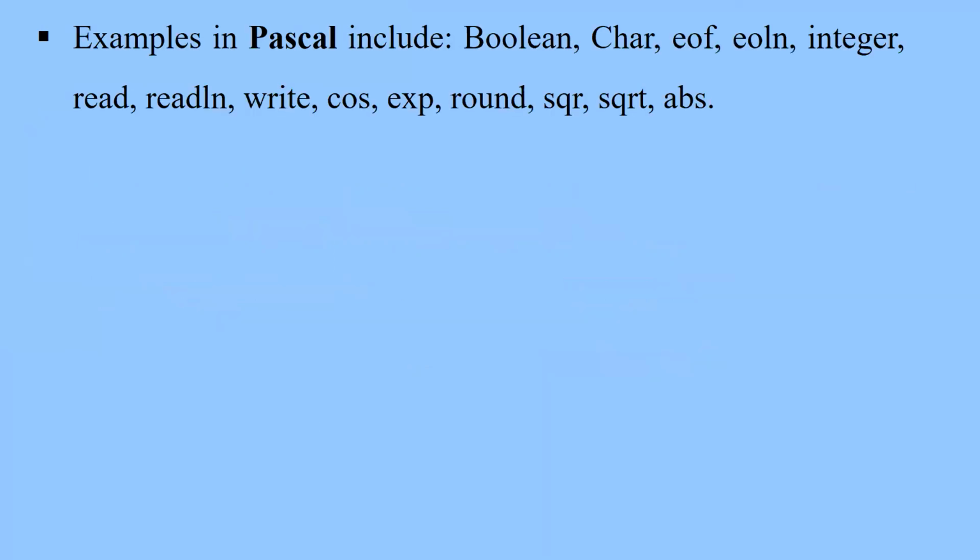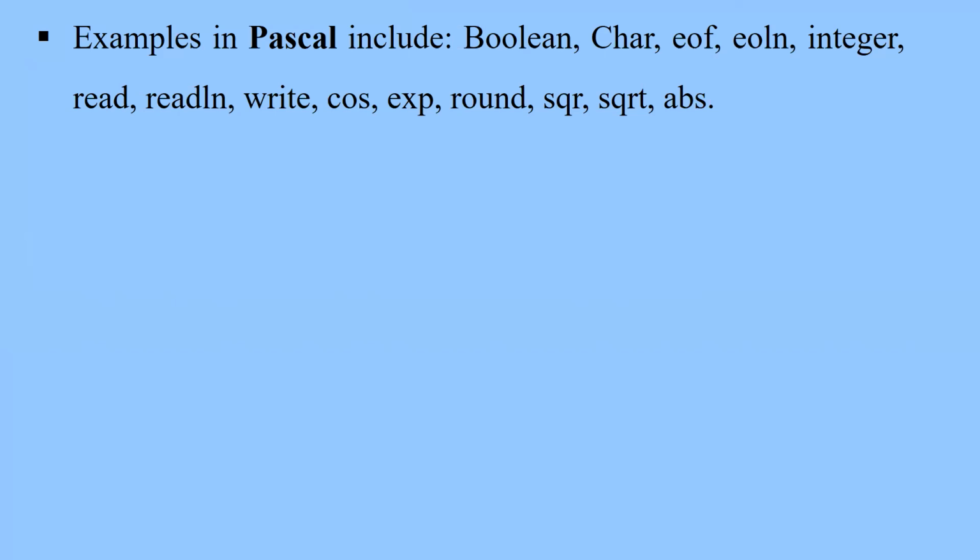Examples in Pascal include Boolean, char, end of file, end of line, integer, read, read line, write, cos, exp, round, square, square root, absolute, or ABS. In short form, we write them as Boolean, char, EOF, EOLN, integer, read, readln, write, cos, EXP, round, SQR, SQRT, ABS.